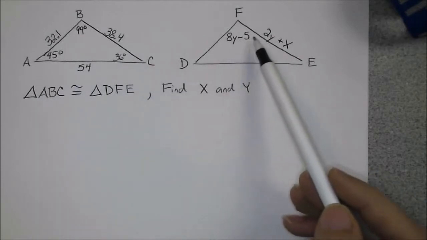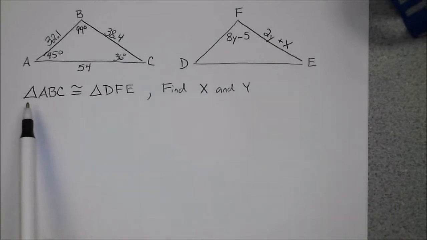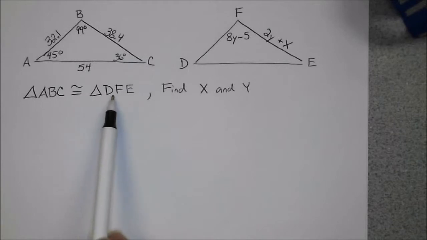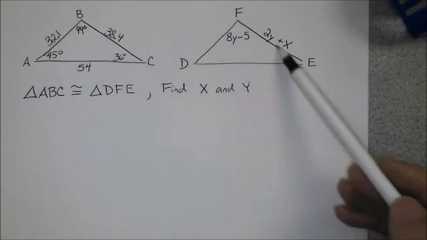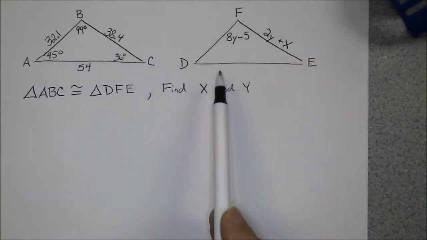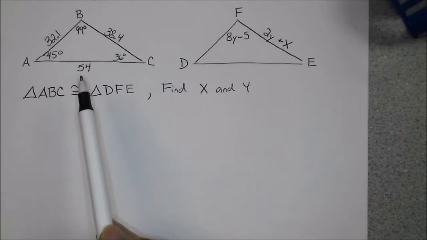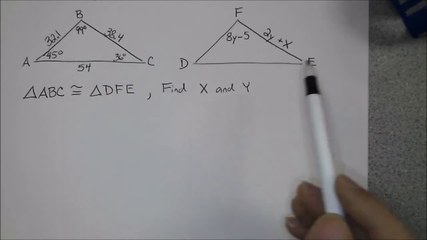This is 8y minus 5, and this length is 2y plus x. Now, we also have a statement here. Triangle ABC is congruent to triangle DFE. So that means this order, so that way we can tell what corresponds. And it also means that all the side lengths and all the angles are all going to be congruent. They want to know what x and what y is.